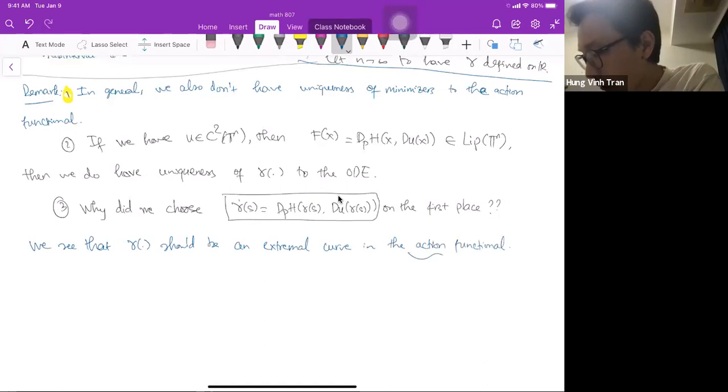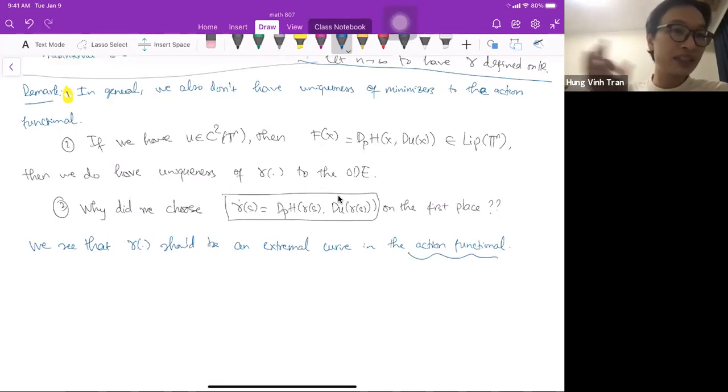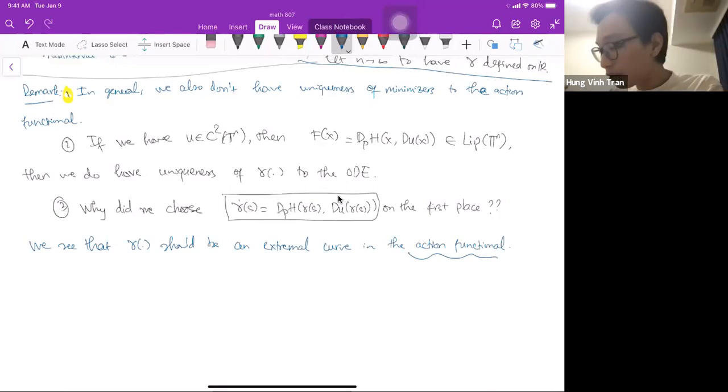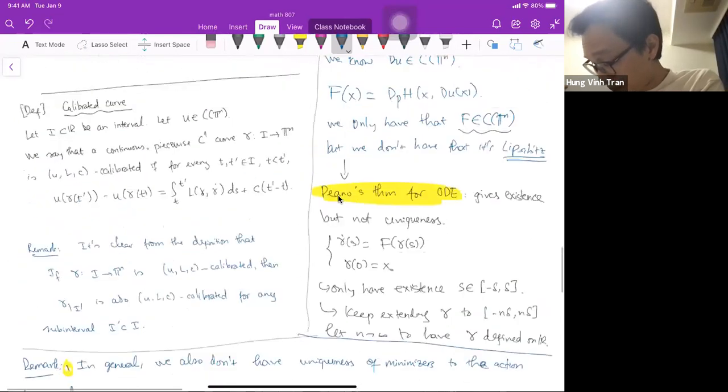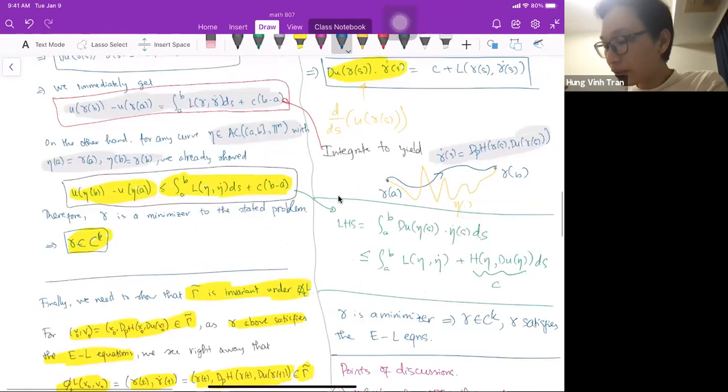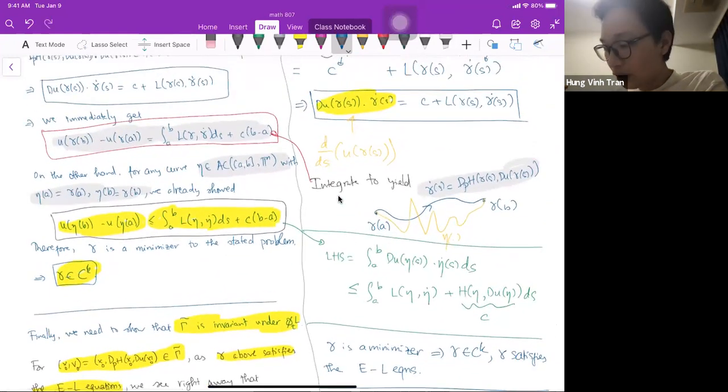That's the point, because if it satisfies the Hamiltonian ODEs, then we already proved in the previous ten lectures or so that it's equivalent to being an extremal curve in the Lagrangian framework. And once you have that, you go back to this inequality on the left panel, and you see that you should have equality.